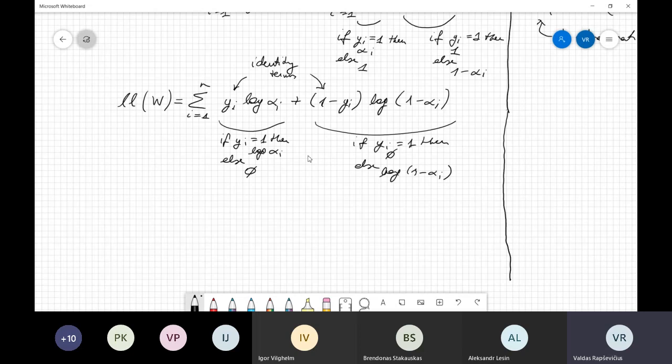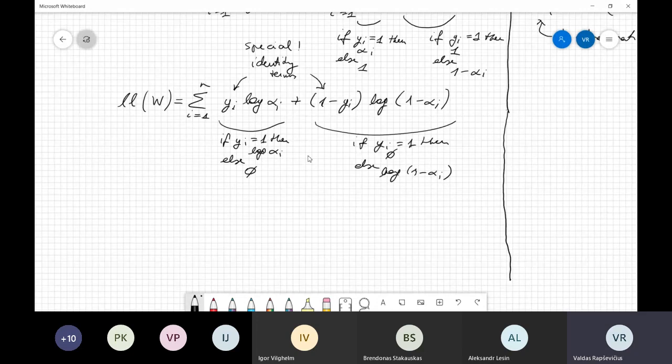So these are not the subject of the derivatives. They are special, so we basically don't care about them for now. Let's take care of log alpha i and log 1 minus alpha i.